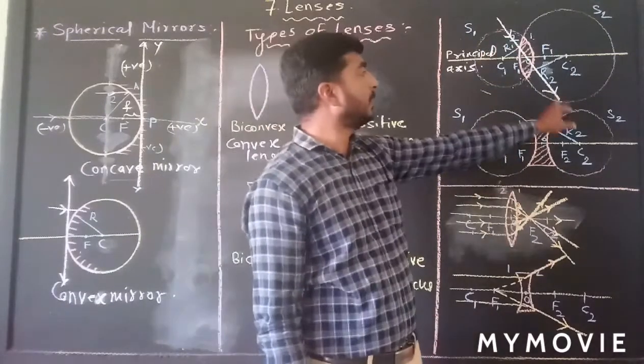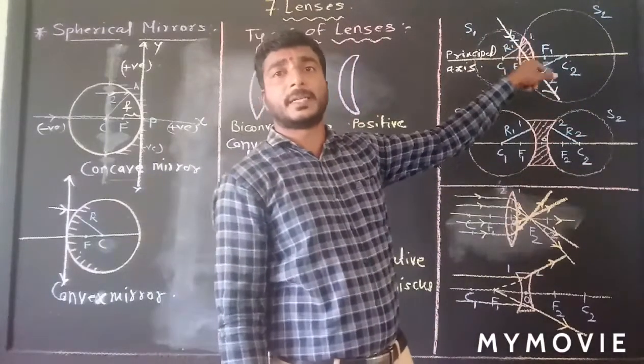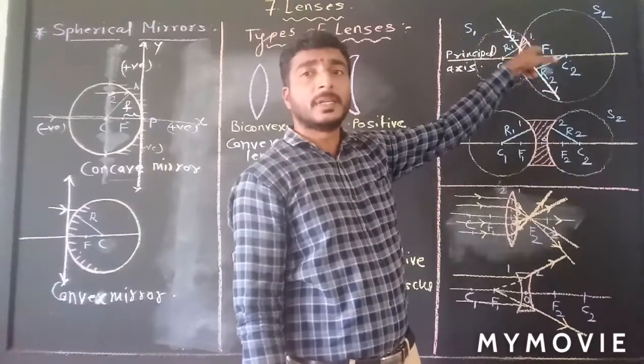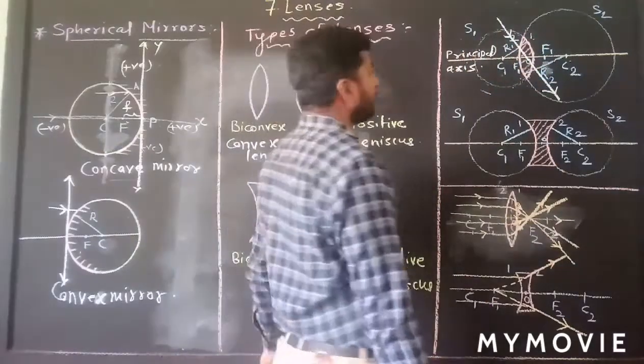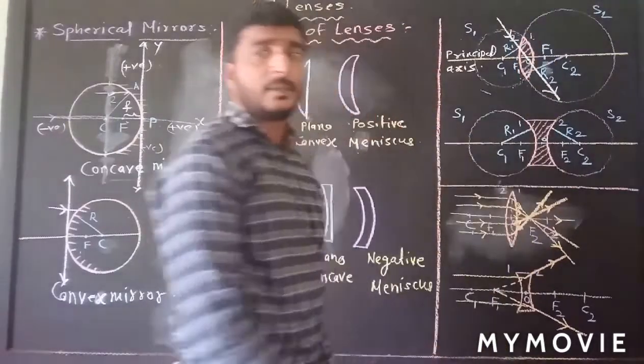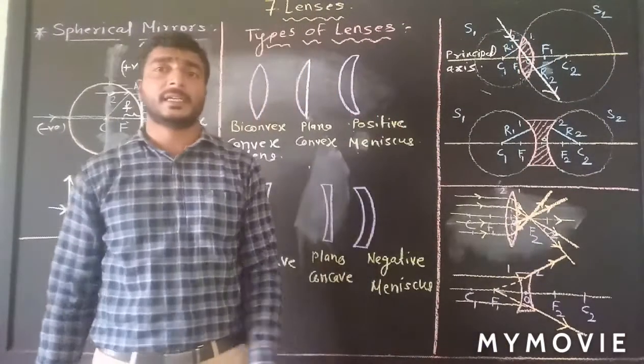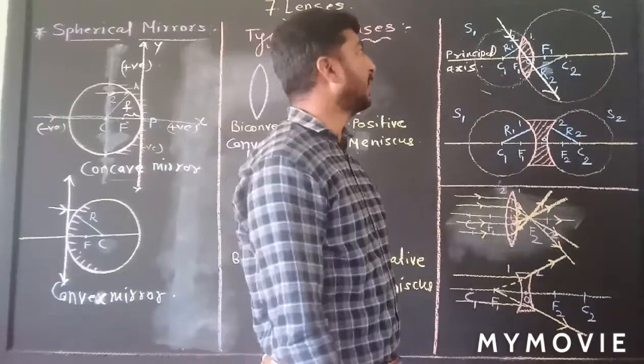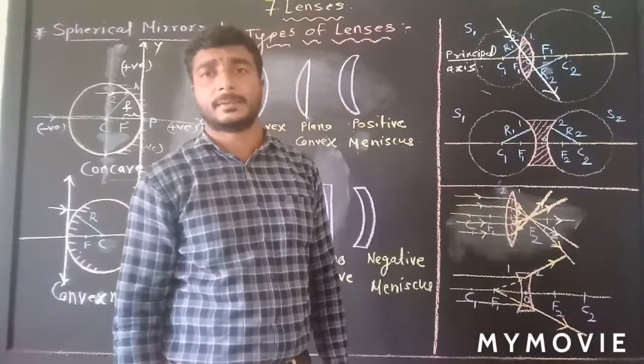It means there is straight propagation of light through the optical center. So it is the center of the lens. O is the optical center, the center of the lens through which there is no change in the direction of the ray of light.